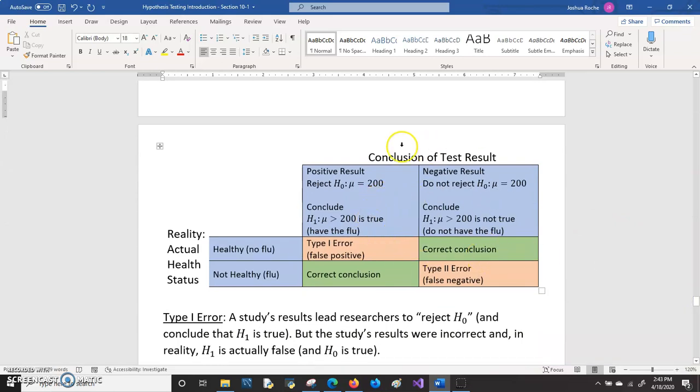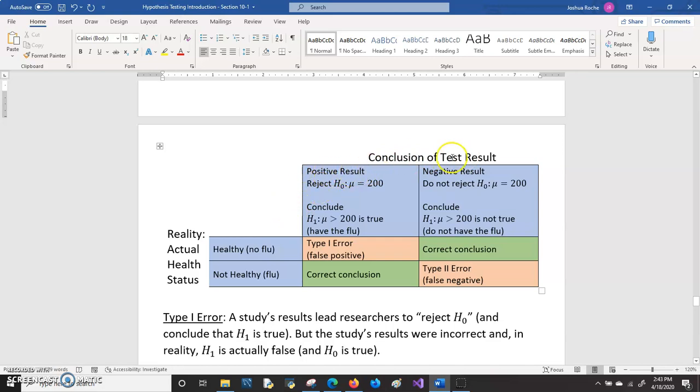In this table, these rows represent reality, and the reality is that either you're healthy and you don't have the flu, or you're not healthy, meaning that you have the flu. And these columns represent the conclusion of your blood test.